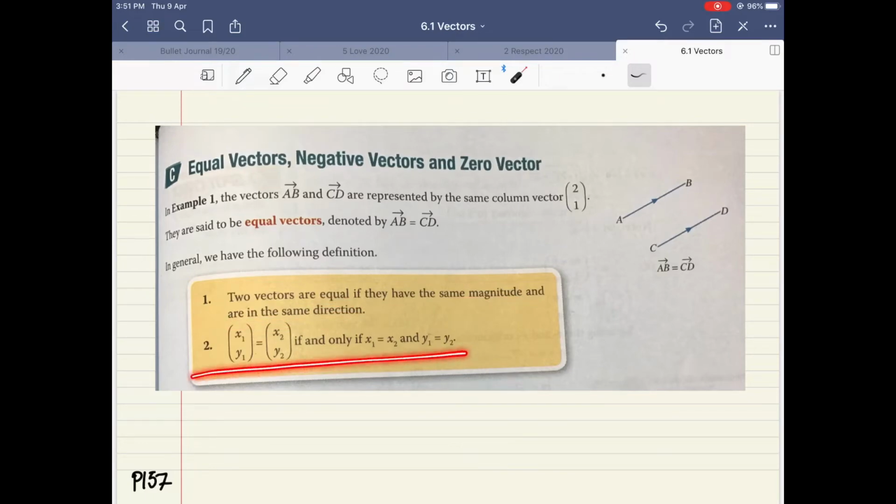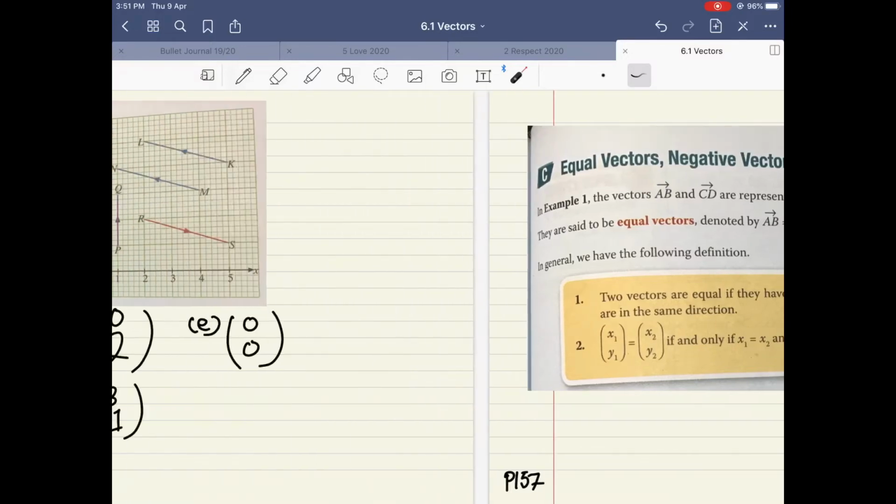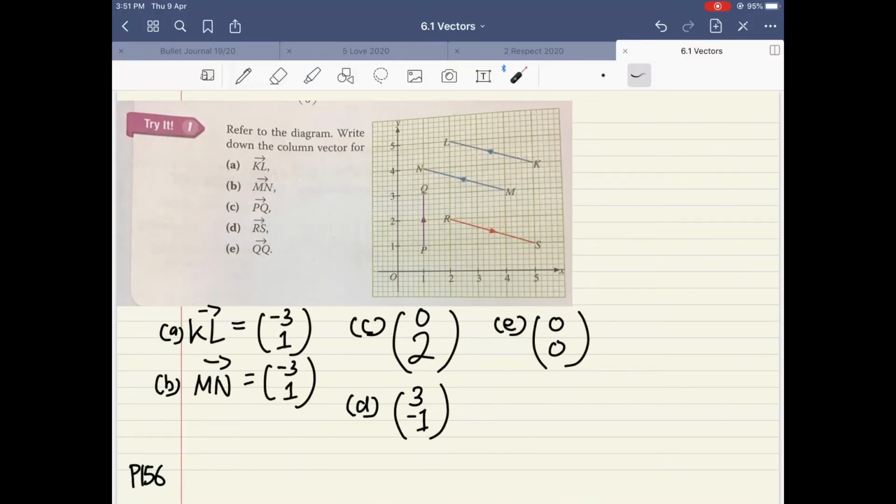Then now, there's this line here. They say that two vectors are equal only if the x values are exactly the same, and the y values are exactly the same. Then we can say that they are equal vectors. If I bring you back to the previous slide, if you notice for KL and MN, KL is negative 3 and 1, MN is negative 3 and 1.